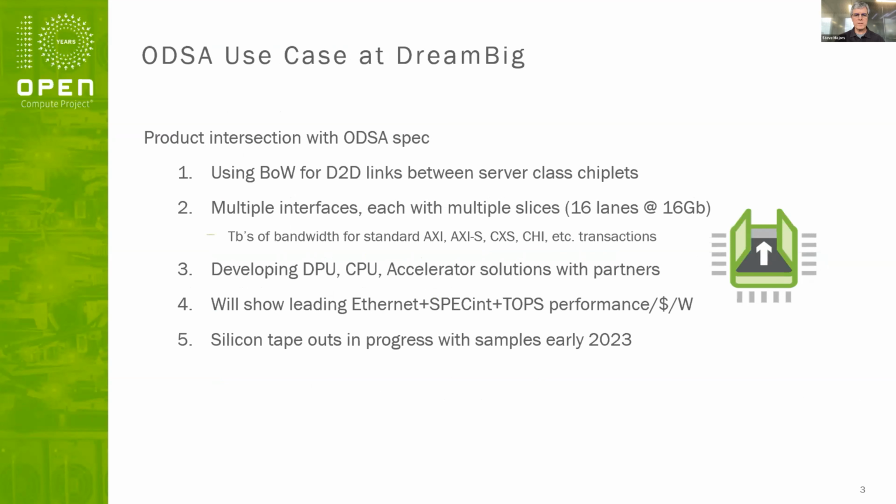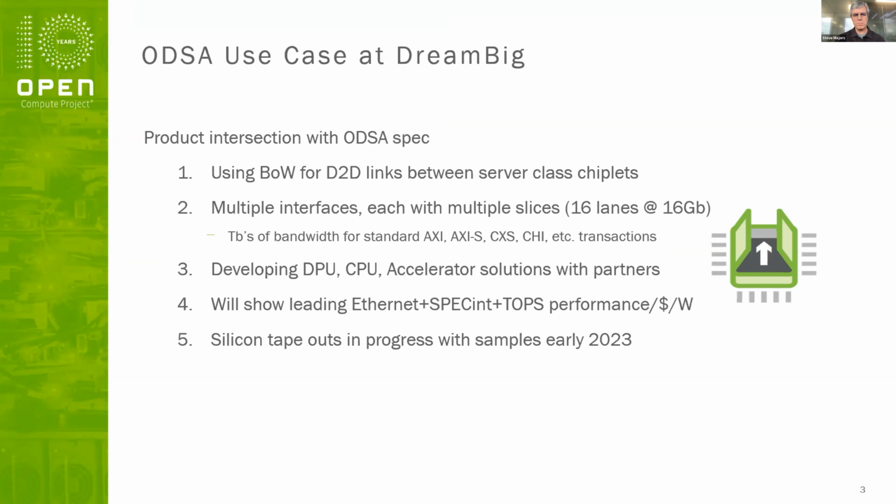So we're using the BOW for die-to-die links that are between server class chiplets. These tend to have multiple interfaces on each chiplet. Each of the interfaces comes in multiple slices, where a slice is 16 lanes of that 16 gigabit standard. And this gives us terabits of bandwidth that we use for standard transactions across those various chiplets.